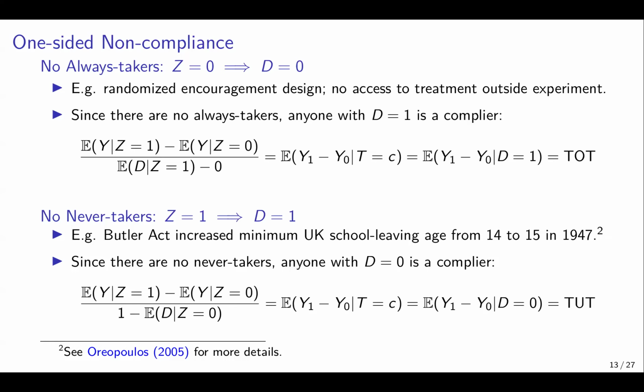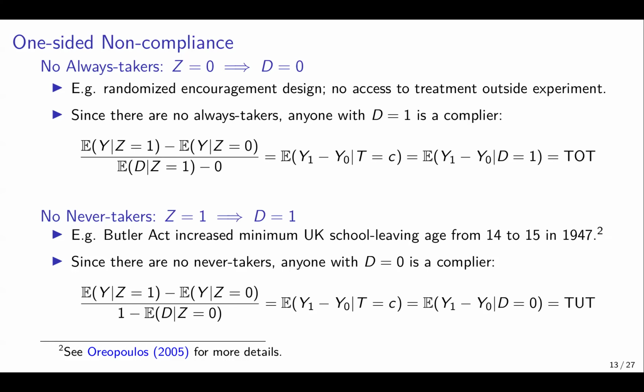So there are some situations where if you don't get offered the treatment, you just can't take it. An example might be if the treatment offer is a job training program, then it might just be that unless you've got the piece of paper saying that you're allowed to come into this training program, there's no way to get that treatment. So there are many experiments where there's no access to the treatment outside of the experiment.